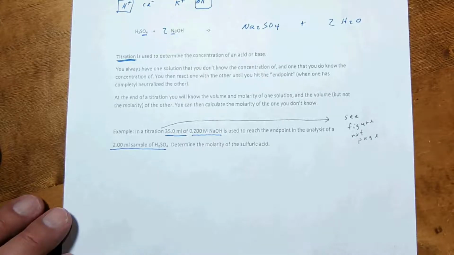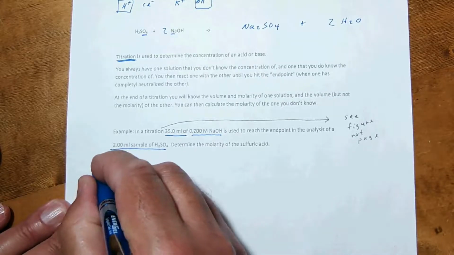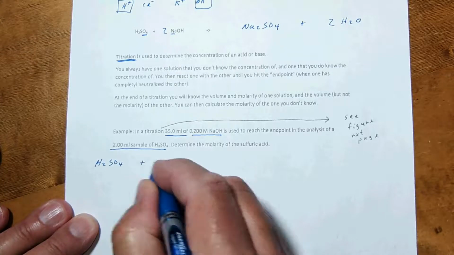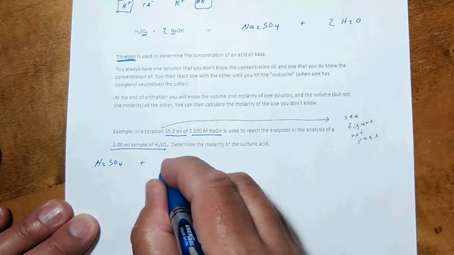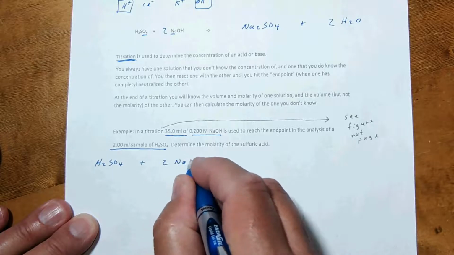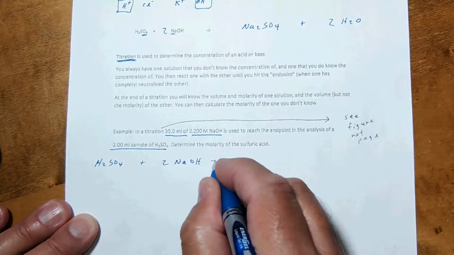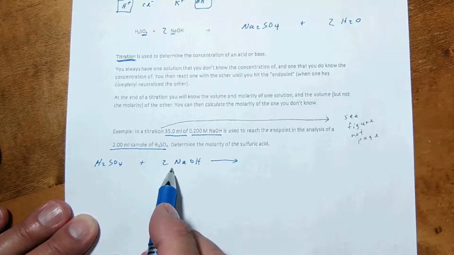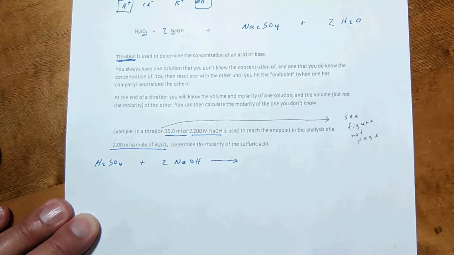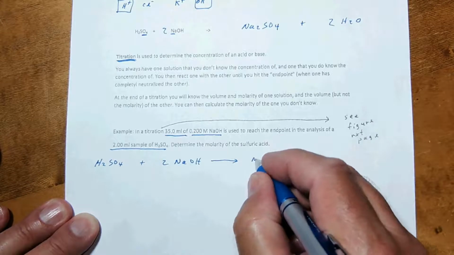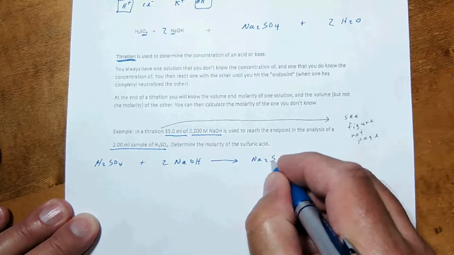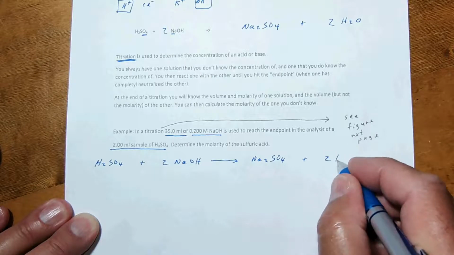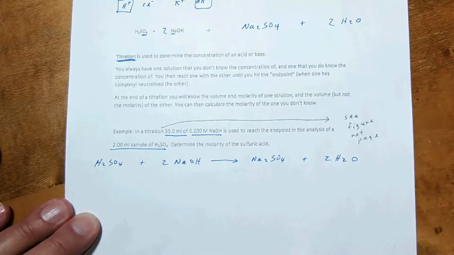Now, the overall reaction for this, here's your acid, H2SO4. Here's your base, your sodium hydroxide. Any titration problem we give you here, we'll give you the balanced equation. We'll give you the balanced reaction. You end up making Na2SO4, sodium sulfate, and of course you end up making 2 moles of water.